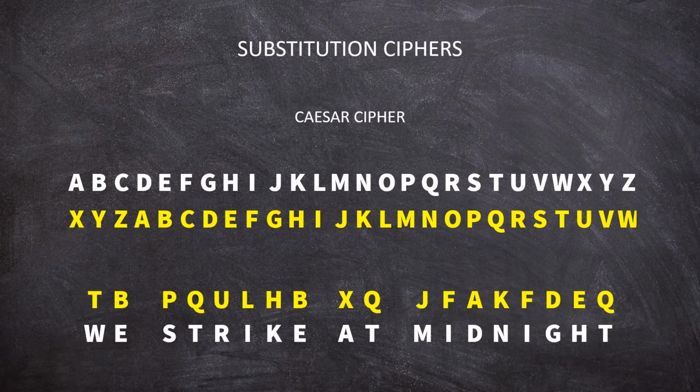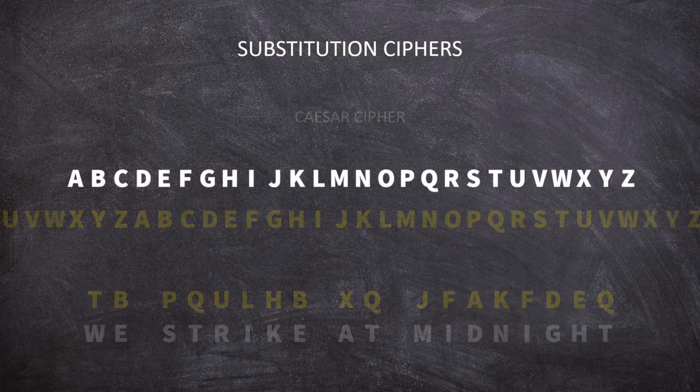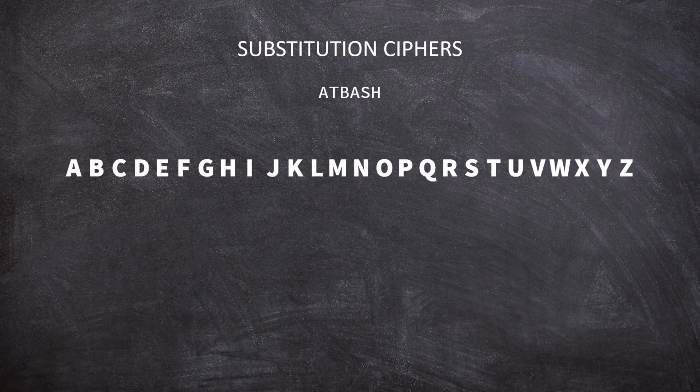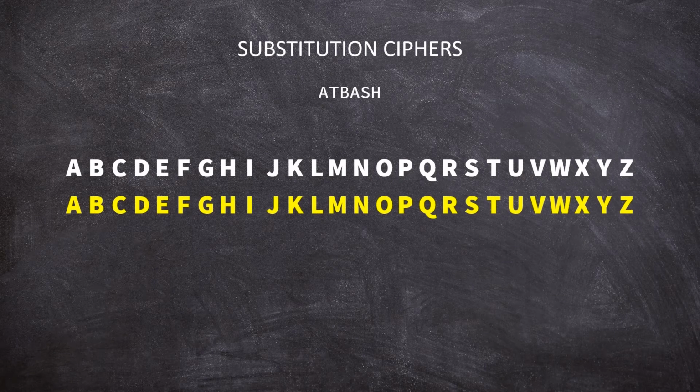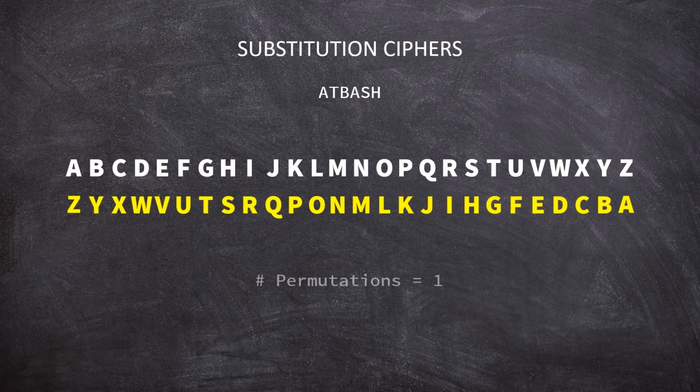Well, as I mentioned earlier, it depends on what cipher we're looking at. Let's take a look at some of those other ciphers and see how susceptible they are to the brute force method. Let's start with the Atbash cipher. We learned in a previous video that the Atbash cipher generates its key by taking the alphabet and reversing it. This means we only have one way of generating the key. If an attacker wanted to decode a secret message without knowing the key, the only thing he would need to know is that the message was encrypted using the Atbash cipher.